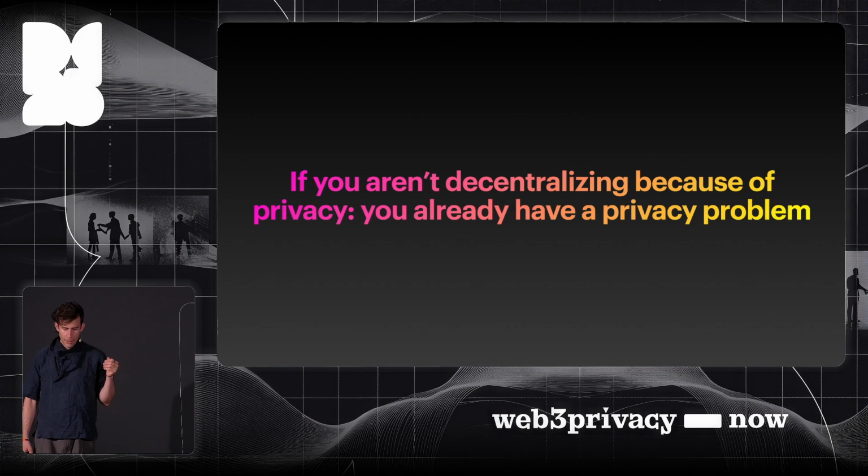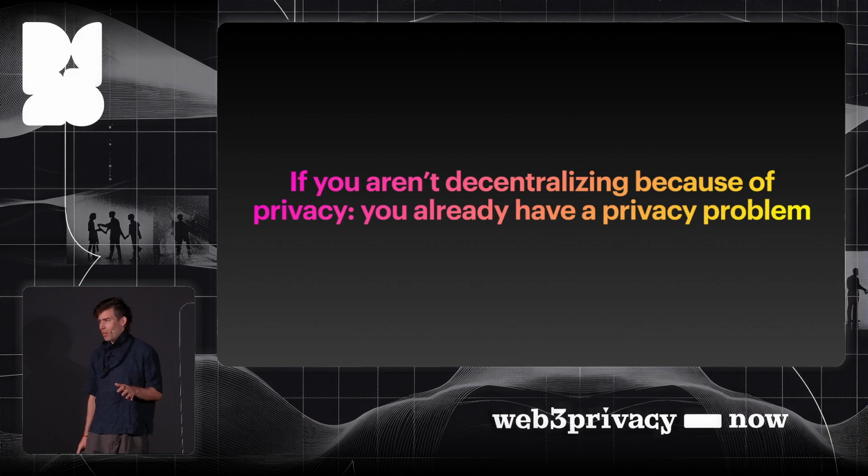So I think the claim is that if you aren't decentralizing for privacy, you already have the privacy problem. If you're saying, well, we've got this privacy risk if we decentralize, the reality is you're already leaking that to your RPC provider. You're already leaking that to the network through the ISPs that your users are going through and so forth. So the privacy leak has already happened.